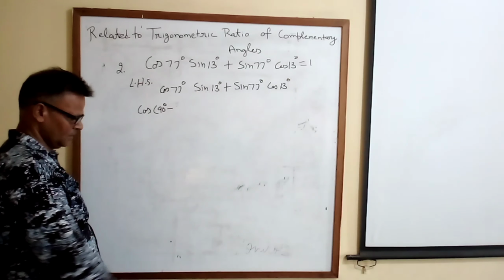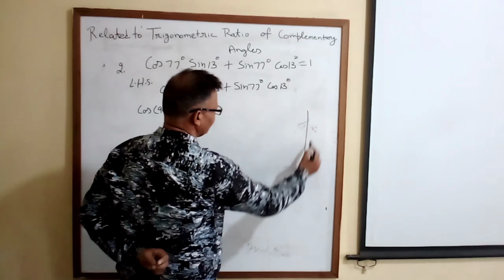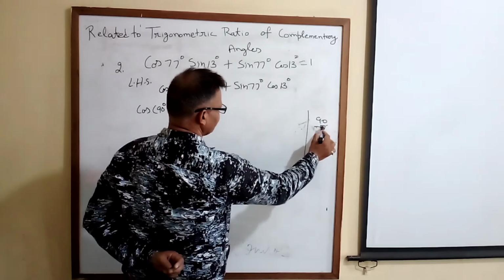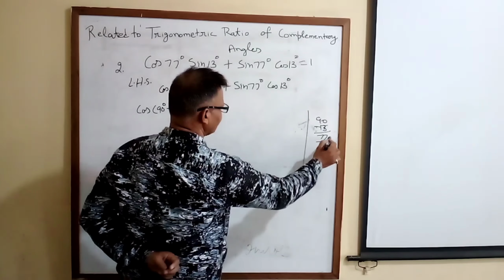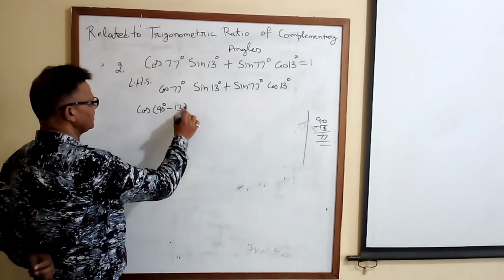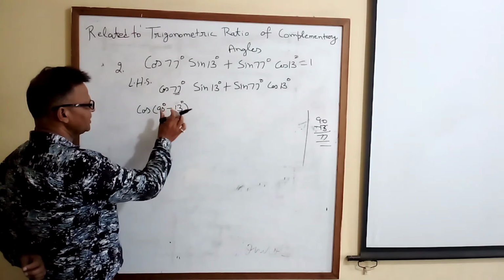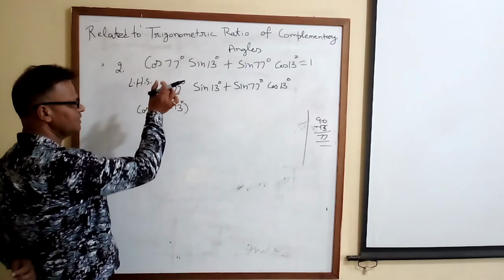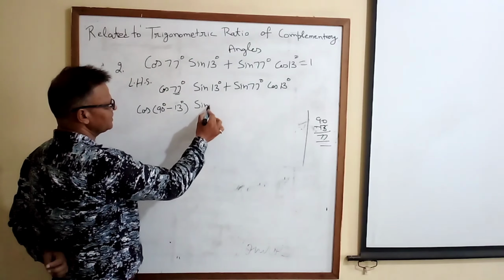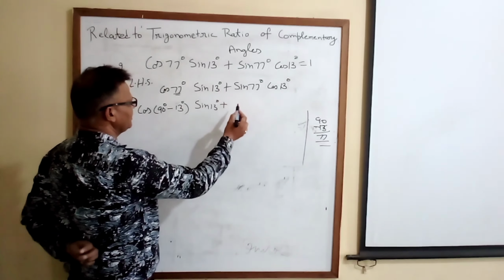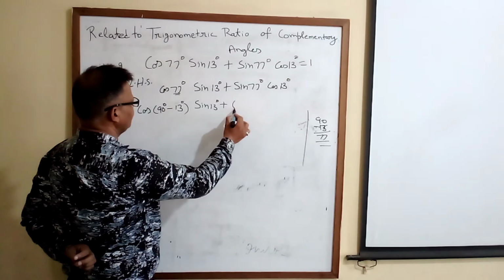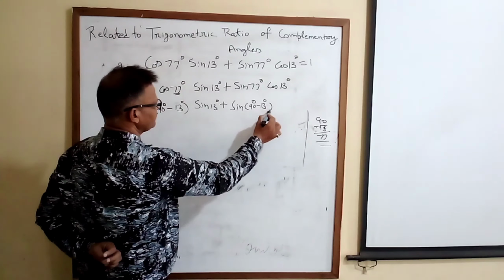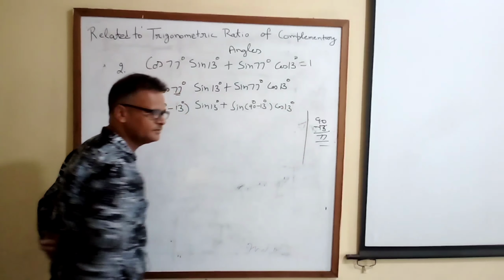We can write in the rough 90 minus 77, that is 13, and 90 degree minus 13 degree gives 77. So the second term stays as it is, sin 13 degree. Here again I change sin: sin 90 degree minus 13 degree into cos 13 degree.